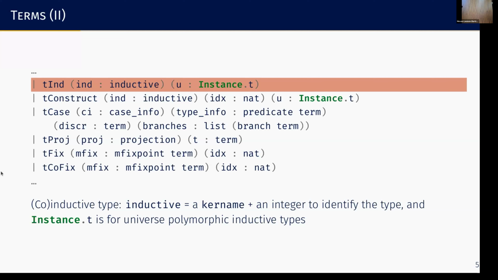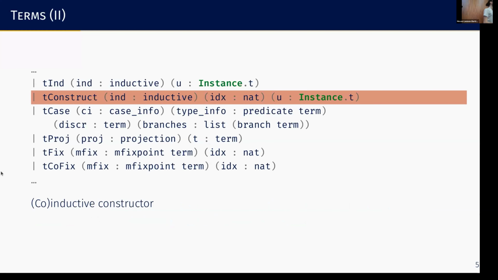And so we also have information to identify which one of these things in this mutual inductive block we should refer to, but otherwise it's pretty much the same. And for constructors, we have even extra information that identifies, so again, the inductive and also which constructor, like what's the number of the constructor in the constructor list for the inductive type.